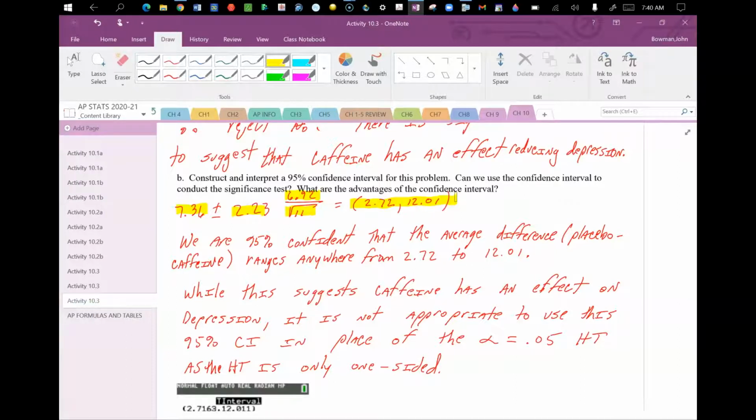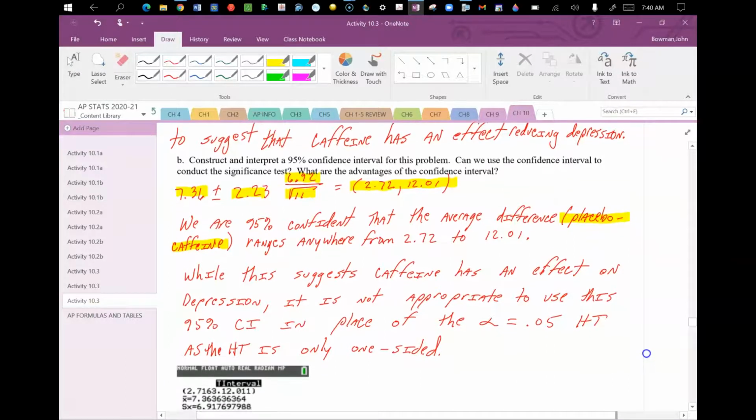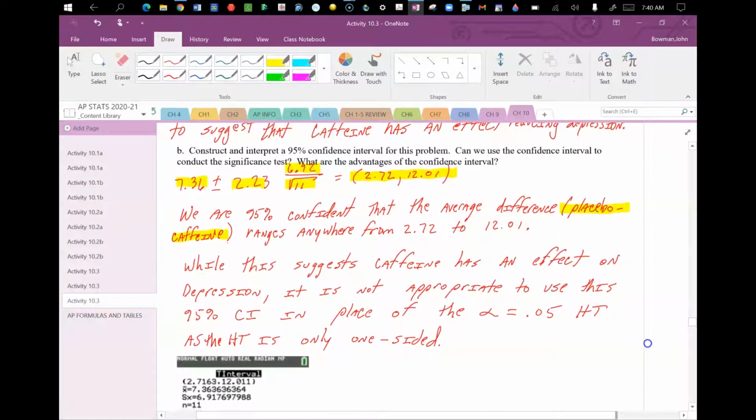So we are 95% confident that the average difference, placebo minus caffeine, ranges anywhere from 2.72 to 12.01. I think it is particularly important for you to write down the order that you are taking the difference so you don't get confused and so the graders don't get confused when you're interpreting your confidence interval.